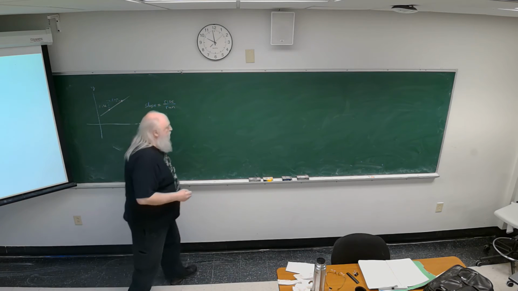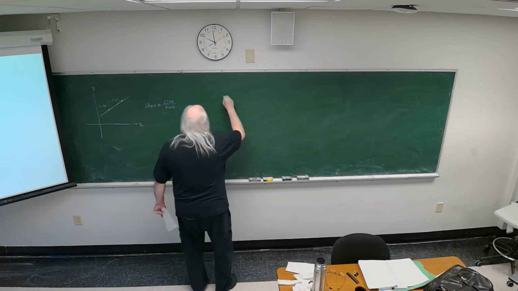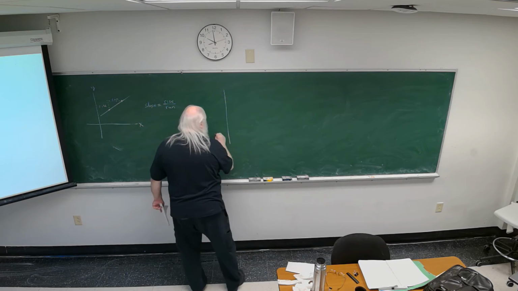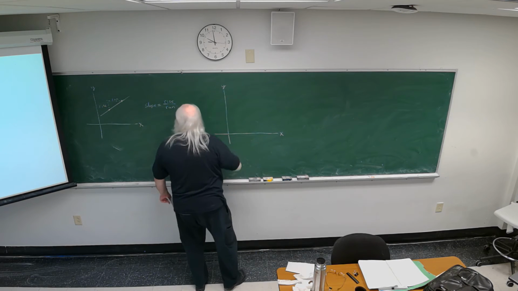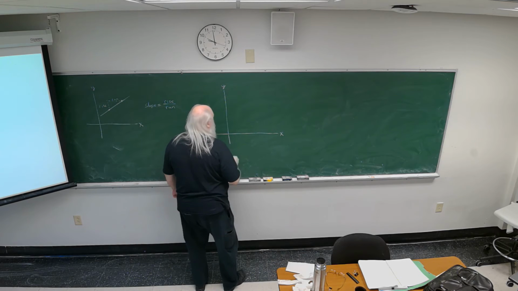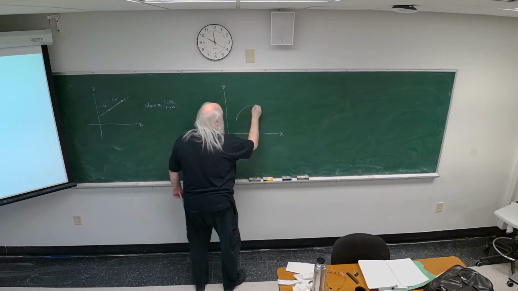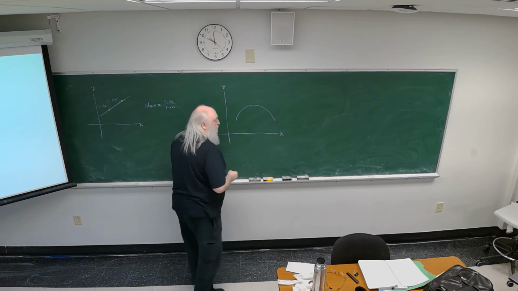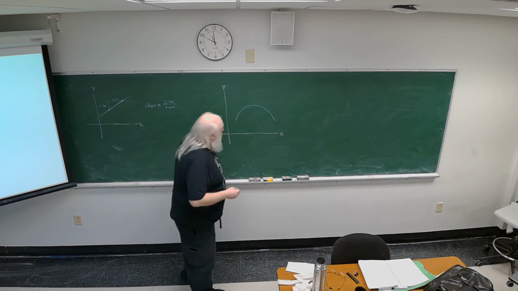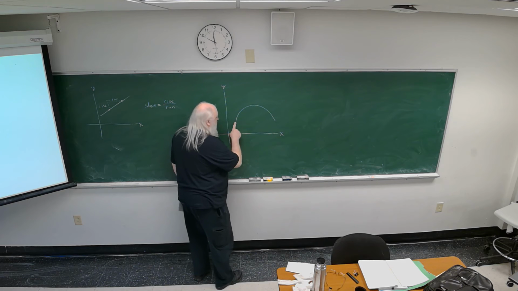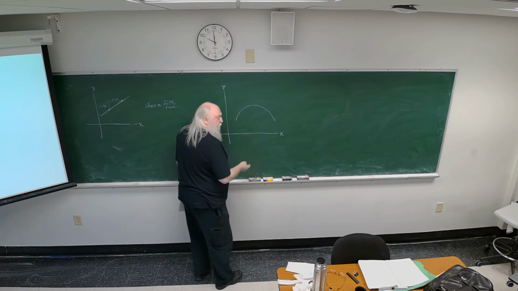Well, in mathematics, we're interested not in just the slope of a straight line, but in the slope of a curve at each point. Okay? You'll notice that this curve, right? Remember, we read graphs from left to right.